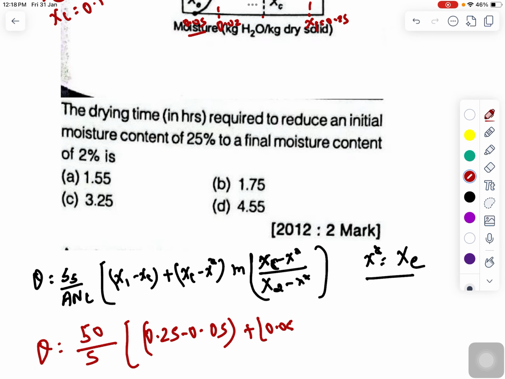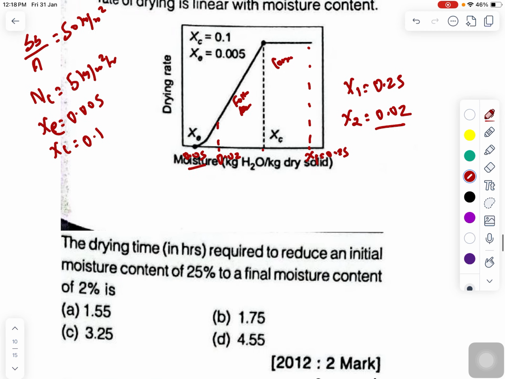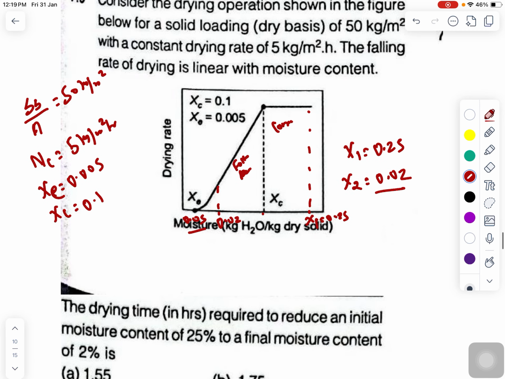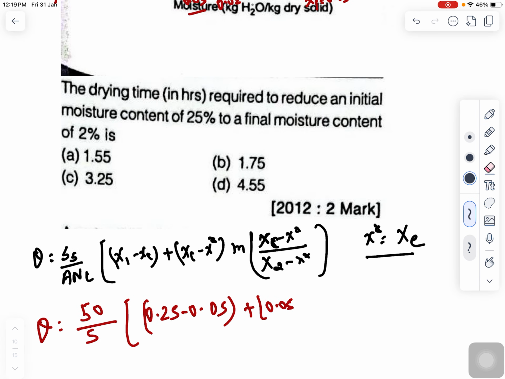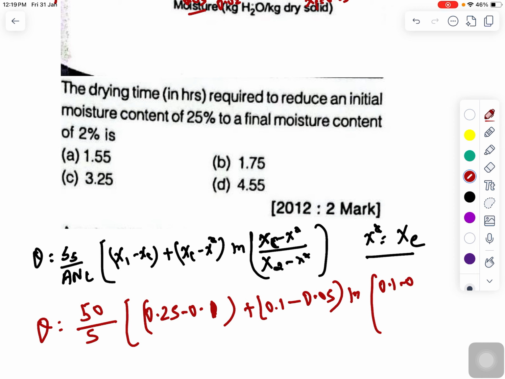Sorry, the value of Xc is 0.1, right? Xc is 0.1. So you can substitute this value here: 0.1 minus X star, which is 0.05, ln of (0.1 minus 0.05) divided by X2. X2 is the final moisture content, that is 0.02 minus 0.05.